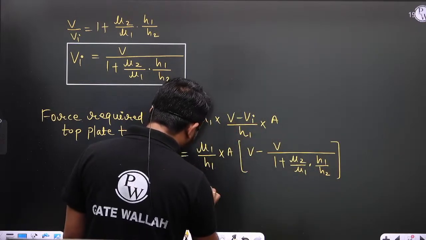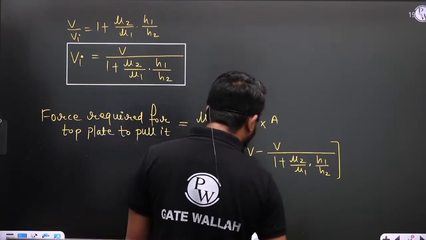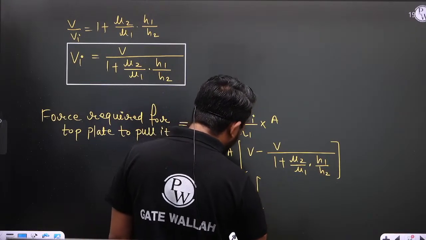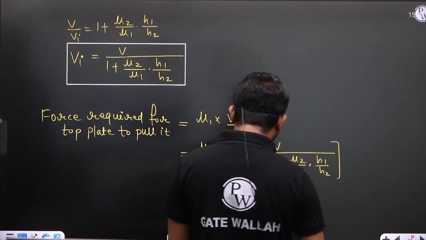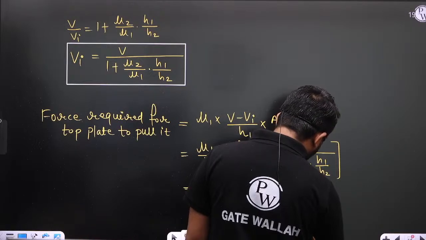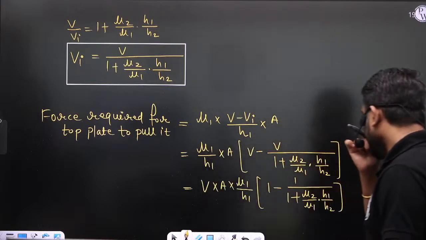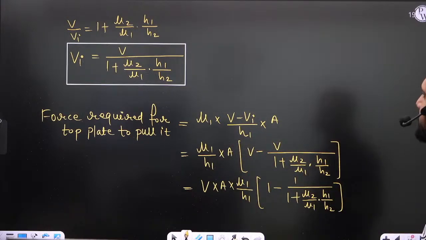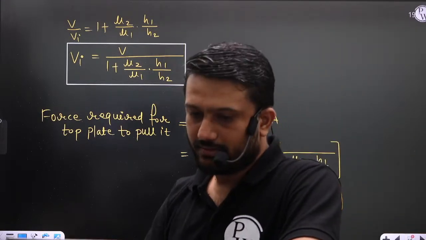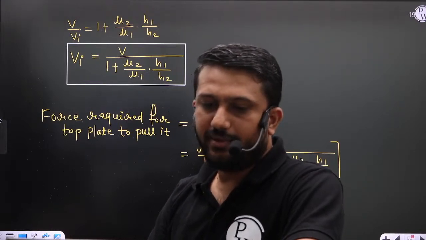So simply we can write V into A into mu1 by H1 into 1 minus 1 upon 1 plus mu2 by mu1 into H1 by H2. This is the force required for the top plate to pull it. Is it clear or not?